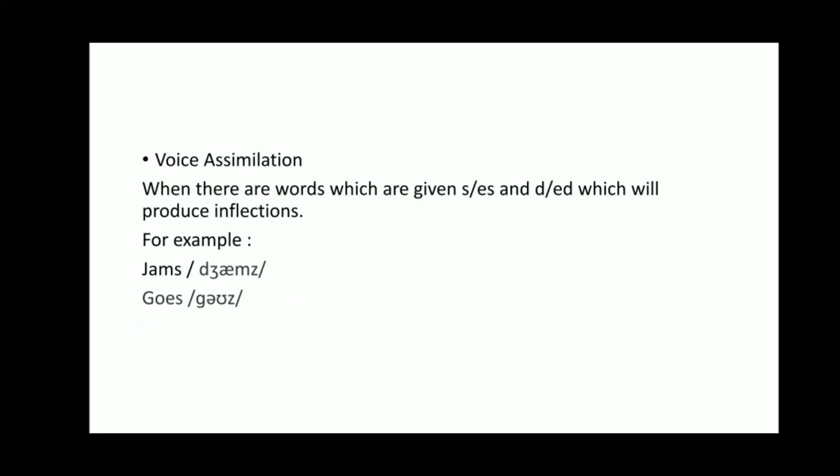Third is voice assimilation. Voice assimilation happens when there are words which are given s or es, and d or ed, which will produce inflections s, z, iz, t, d, and id.